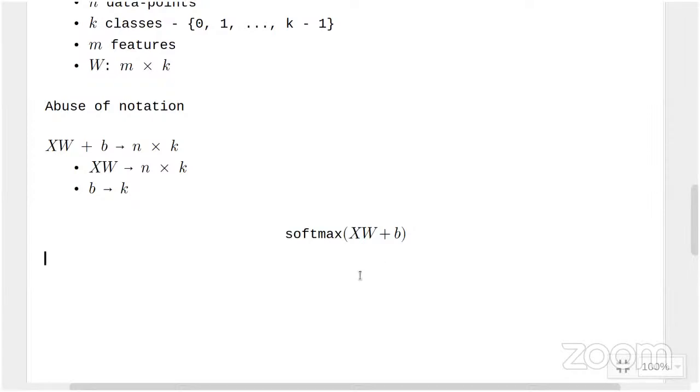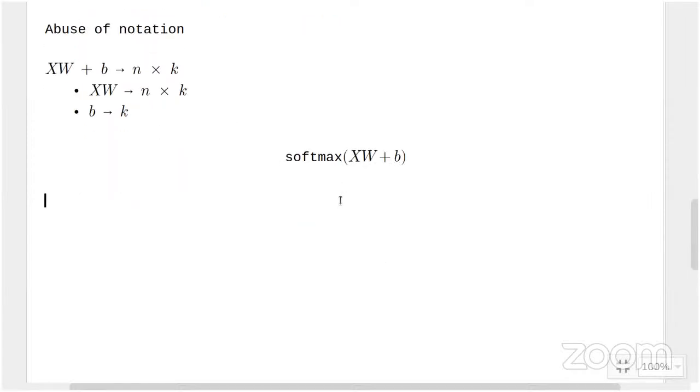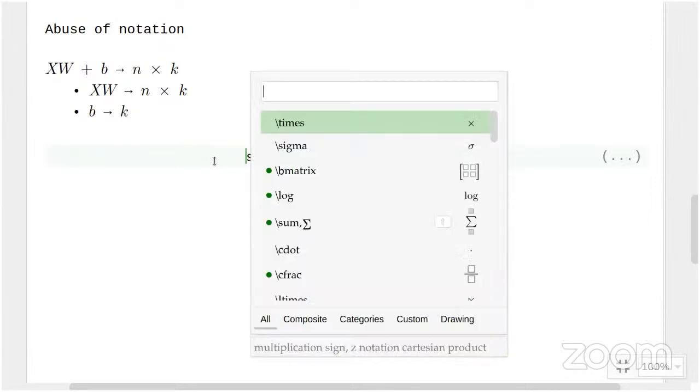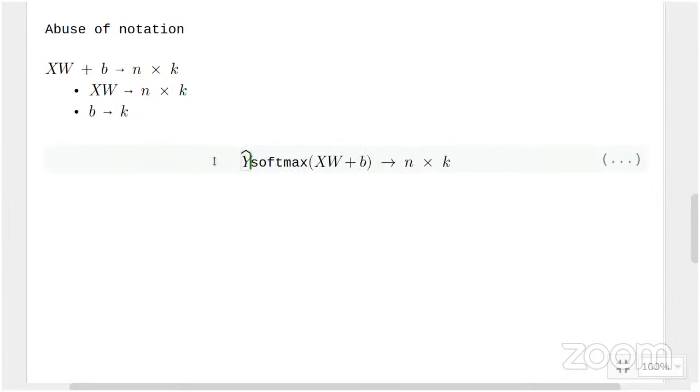If you expand this, it will again be an n cross k matrix. Let's call this matrix y hat.